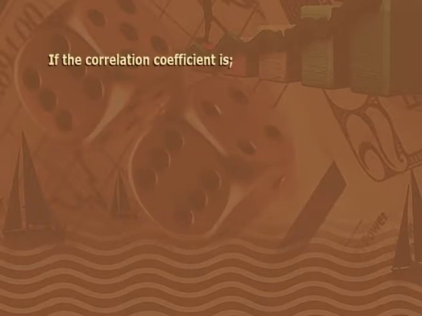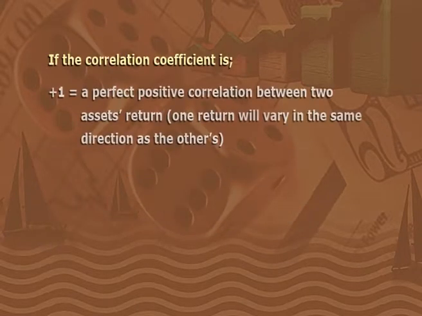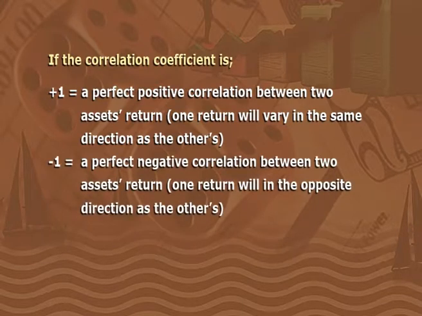If the correlation coefficient is plus 1, that means perfect positive correlation between 2 assets return. One return will vary in the same direction as the others. Minus 1, that is a perfect negative correlation between 2 assets returns.